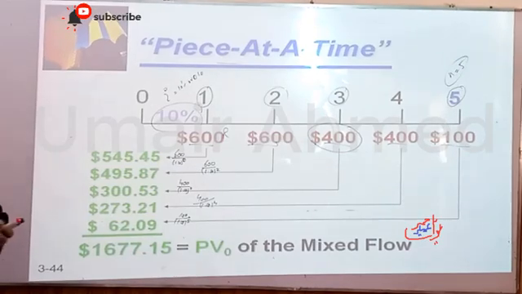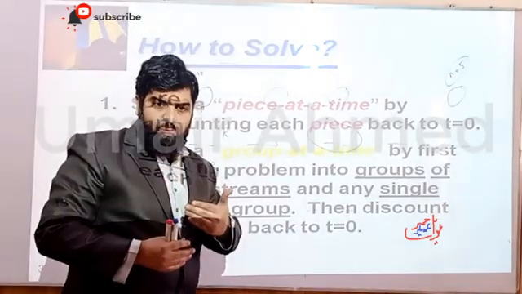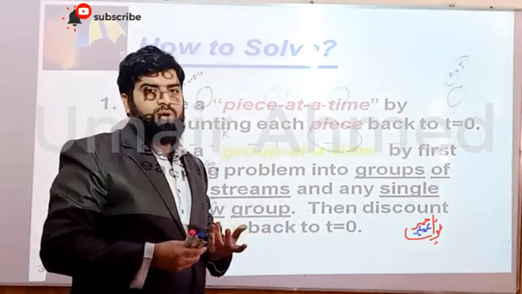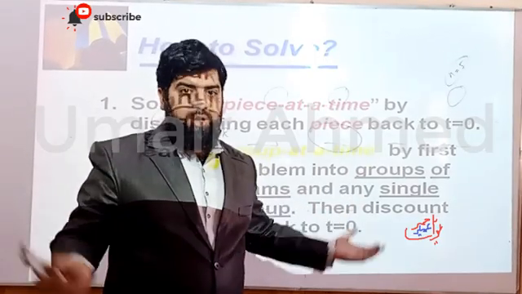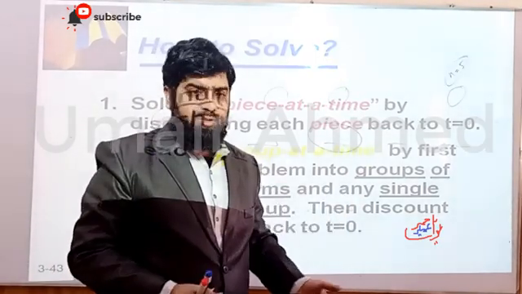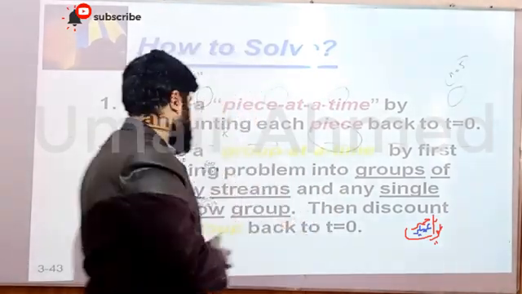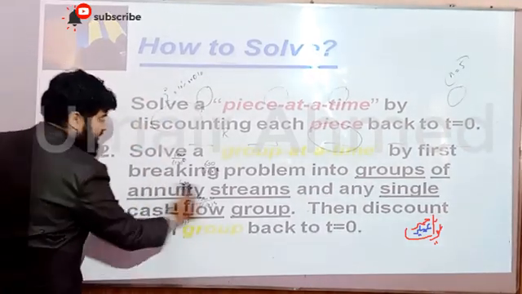Now we have to discuss groups. When you have 2-3 groups, how do you calculate the present value of a group? Let's suppose you are investing or you are receiving different payments from different suppliers, from different customers. So how to calculate the present value of a group?